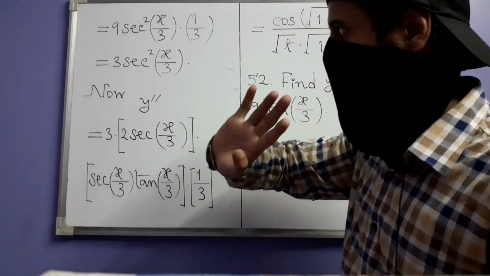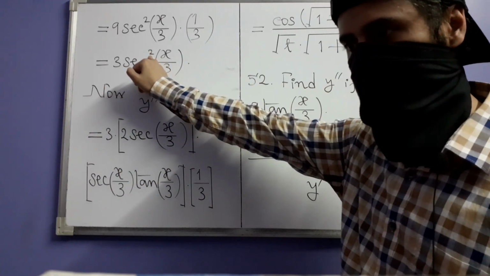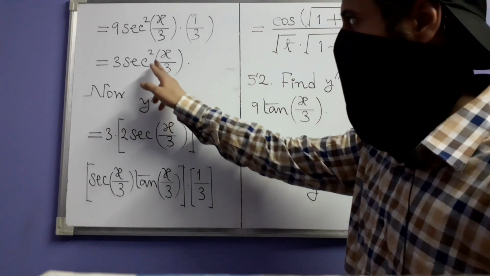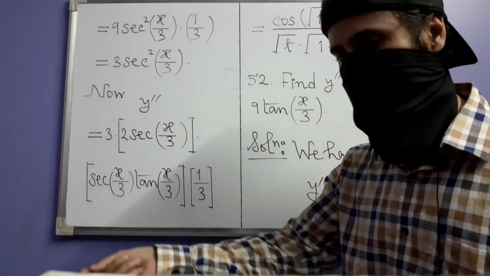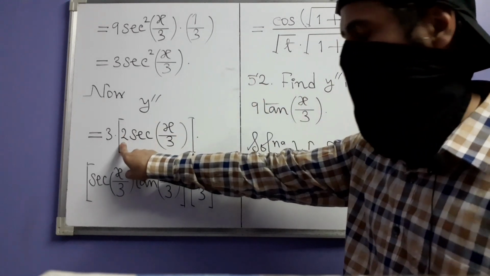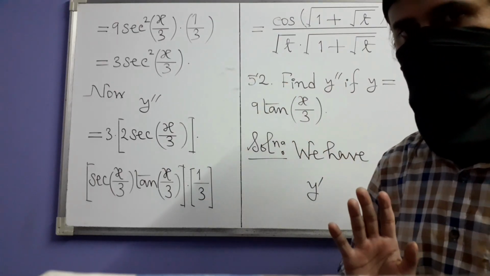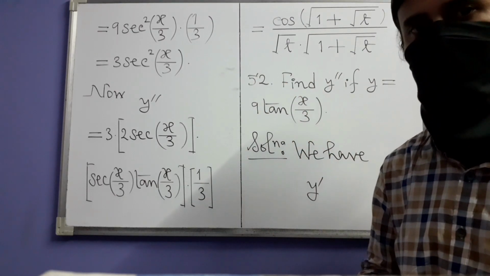3 of course stays outside. First you will differentiate the square room, keeping everything else inside intact. So differentiating the square room means what? 2 comes down. The rest stays as such, because the derivative of x square is 2x.